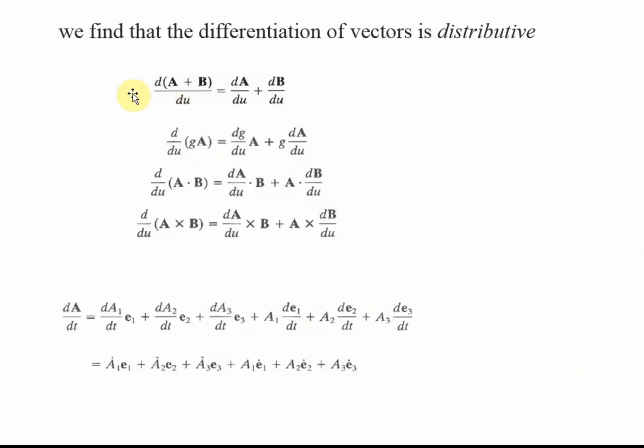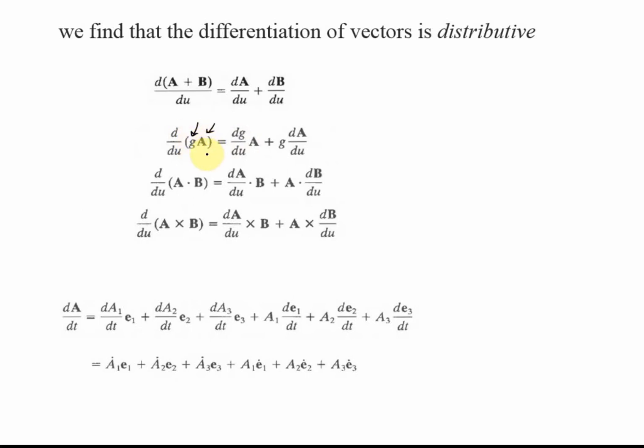Then we can find that the differentiation of a vector is distributive. So here, the derivative of vector A plus B can be defined by the derivatives of each vector added together. And this is a scalar, this is a vector, so this is a scalar function and this is a vector function.